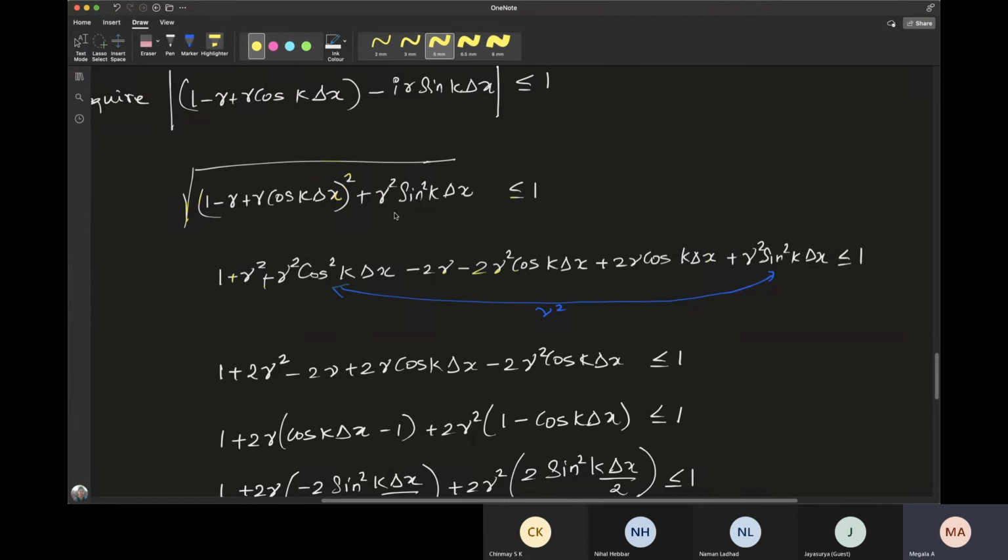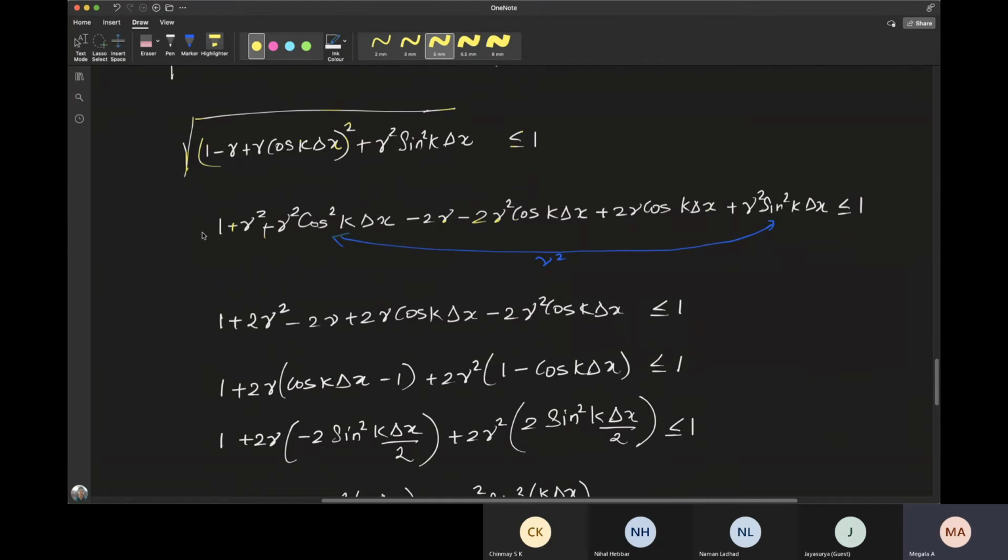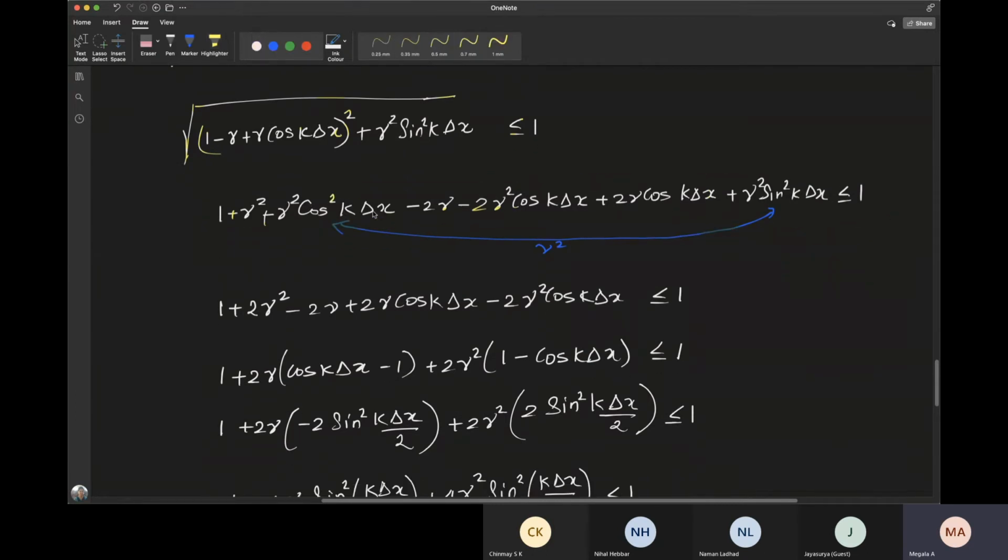Since this is a positive quantity, it's okay to square without any change in sign. So I'm squaring over here, and also expanding this term. Now this is less than or equal to 1.